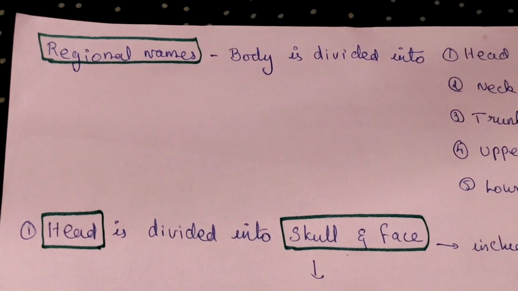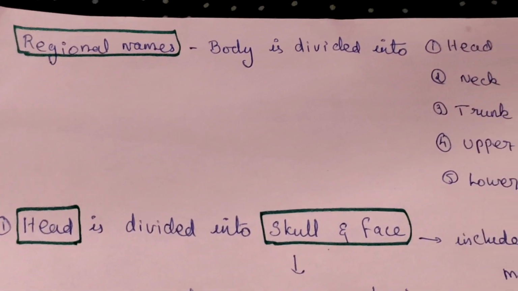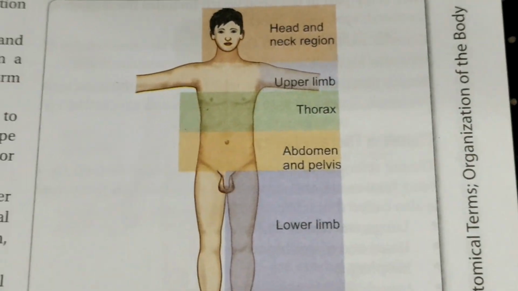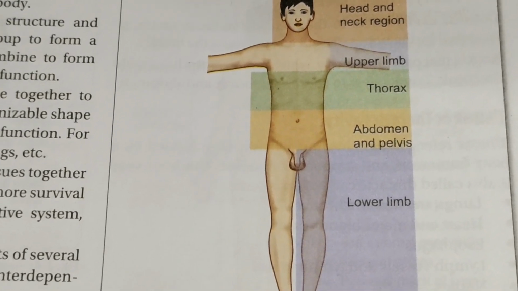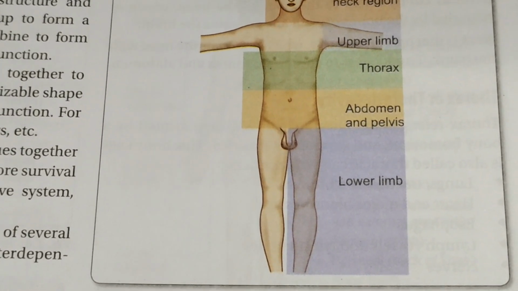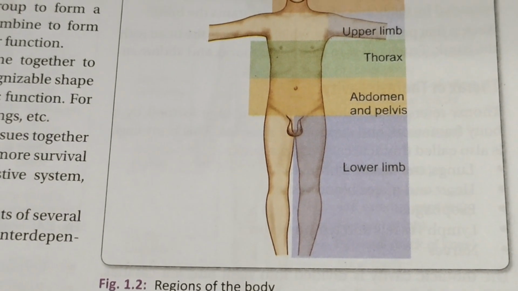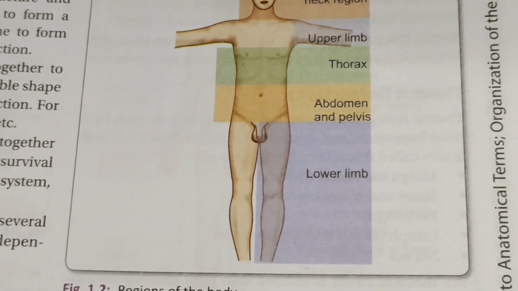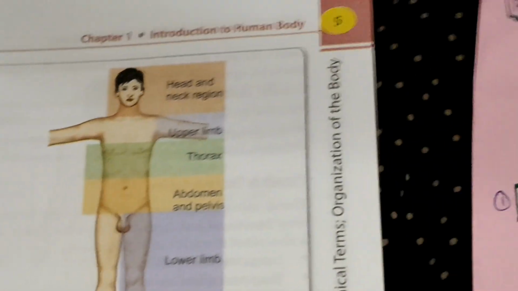Next, regional names. The body is divided into head and neck region, upper limb, thorax, abdomen and pelvis, and lower limb. So we divide it into 5 important parts.